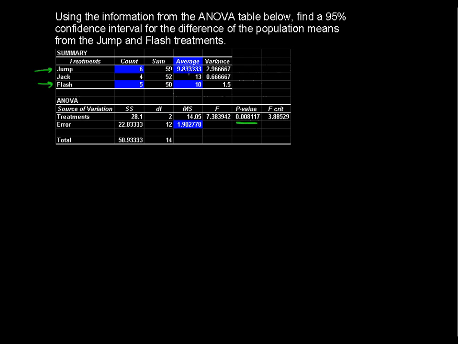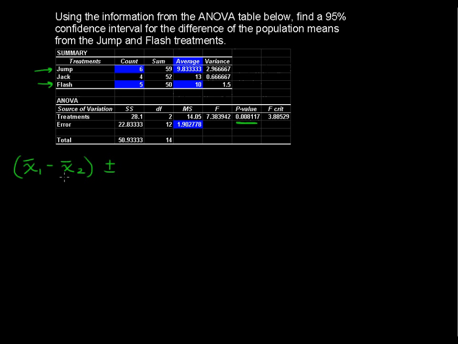And then you come back and say, well, look at jump and flash. Those sample means are pretty close to each other, so let's find a confidence interval for the difference of the population means. The formula for that confidence interval is the difference of sample means, x bar sub 1 minus x bar sub 2, plus or minus.